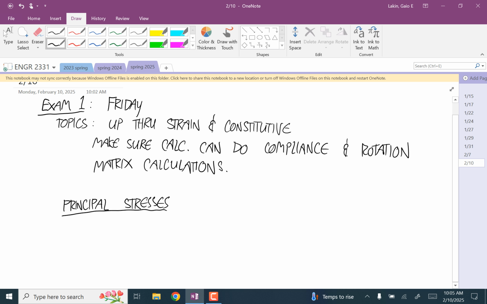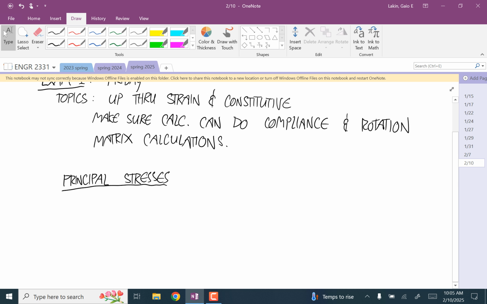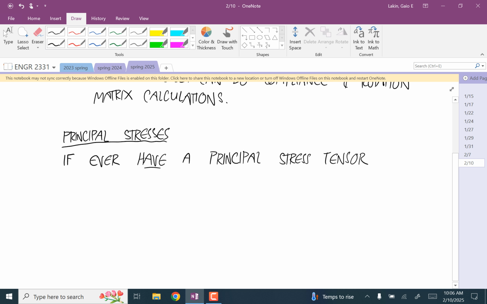One other thing that I want to tell you: if you have a principal stress tensor, that looks like sigma 1, sigma 2, sigma 3 down the main diagonal. So that would be a principal stress tensor.